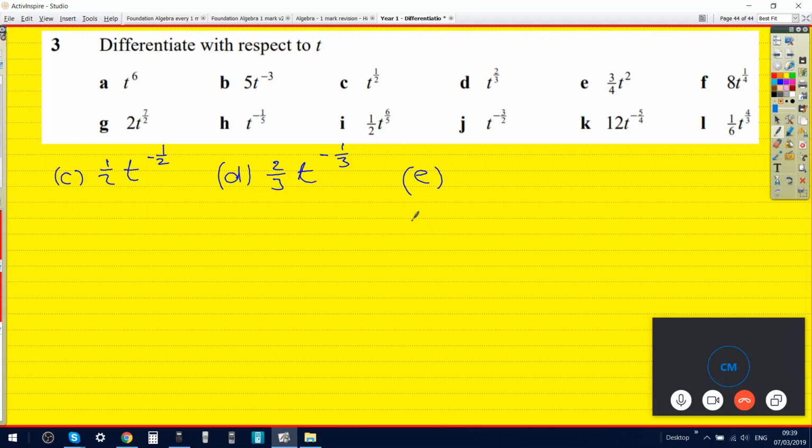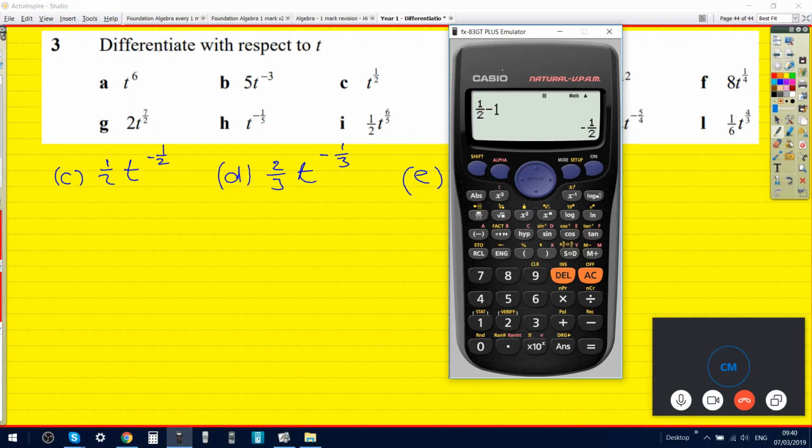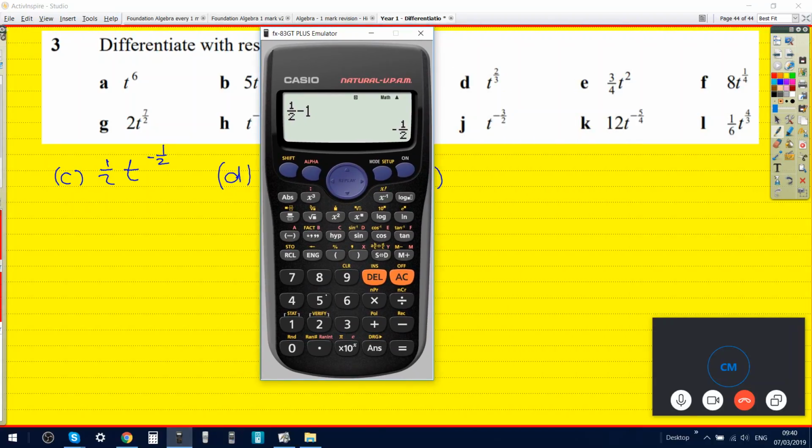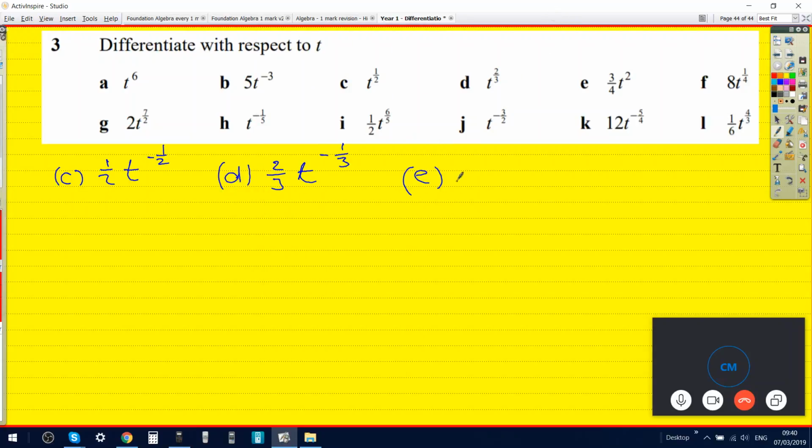E. 3 minus 2. 6/8 t. So do you have a calculator? Yeah. So just do 3/4 times 2. 3/2. Yeah. 6/8 is exactly the same as 3/4, so it'll be unchanged. Yeah, and that's the power of 1, so that's fine.